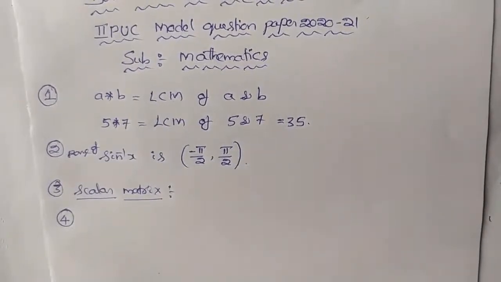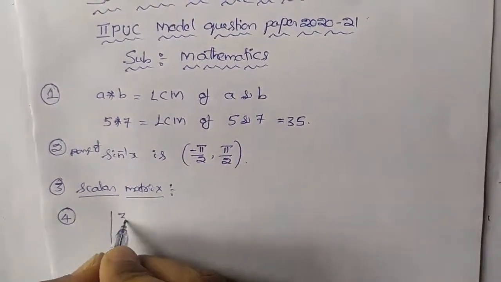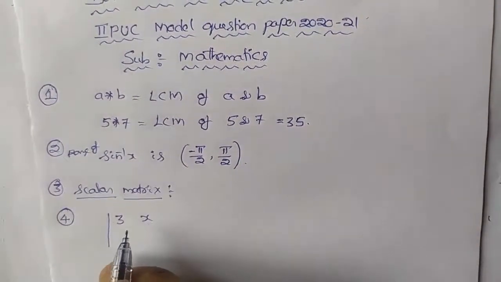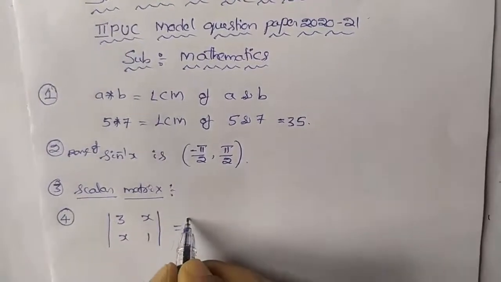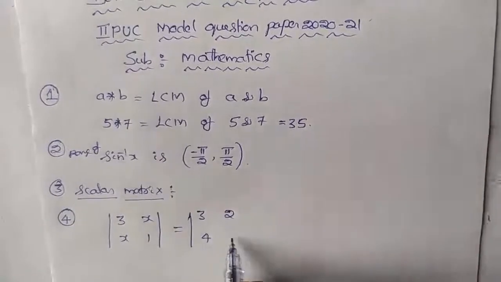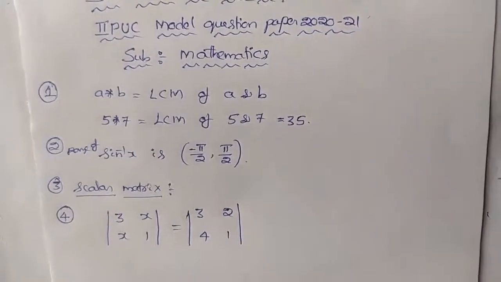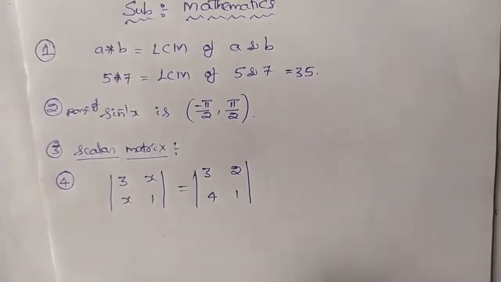Find the value of x for which determinant of [3 x; x 1] equals determinant of [3 2; 4 1]. Here we have to find the value of x. Let us apply the determinant.